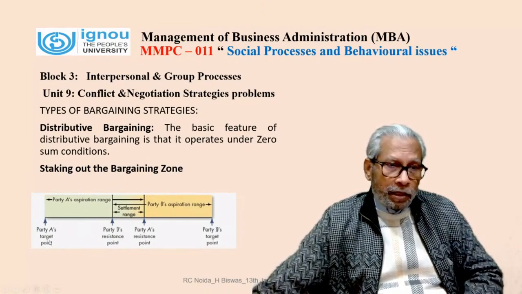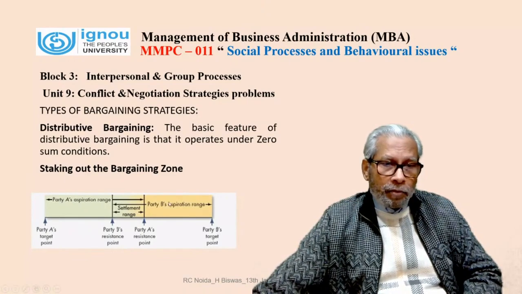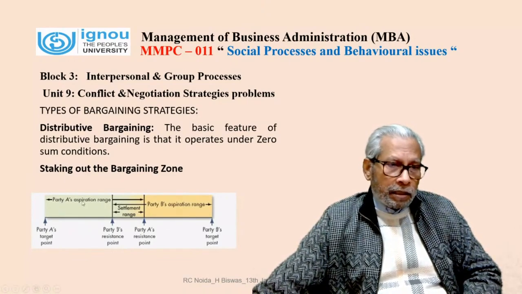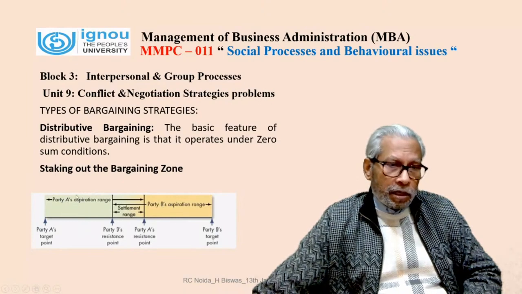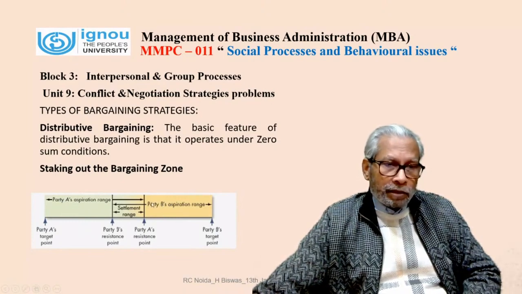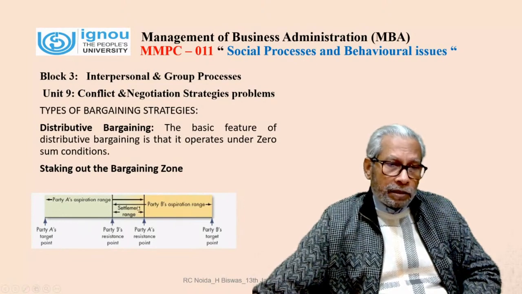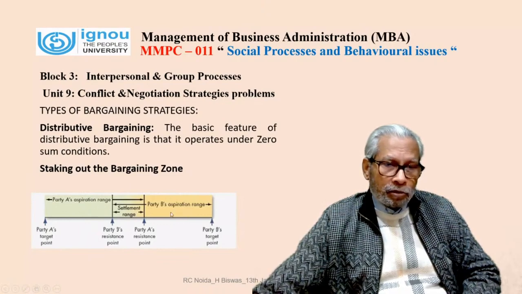There is party A and party B. Both parties have some demands, so it is a counter discussion. After that, finally we reach the settlement range, because a lot of things go down, reducing.